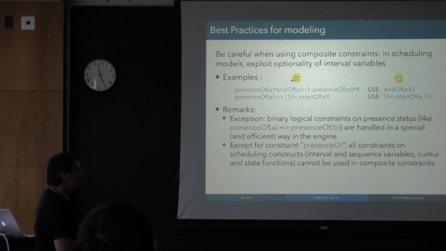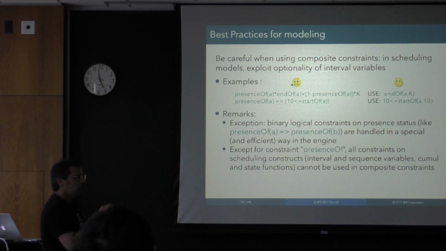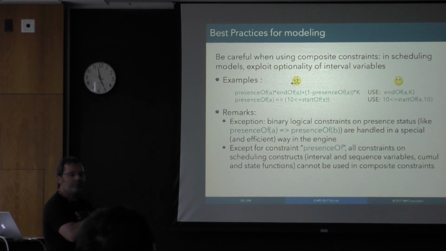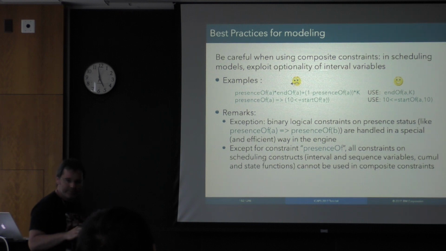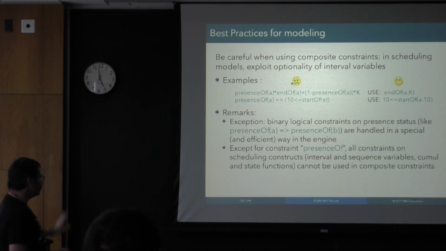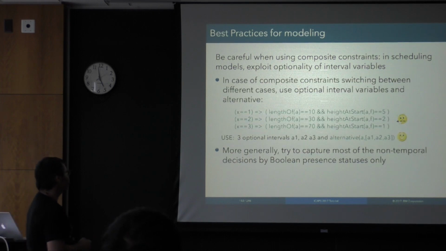You cannot write, I don't know, presence of X implies no overlap, and then something. It's on purpose, because we could have allowed this, but it means for sure that there is a better way to model it. So avoiding composite constraints, maybe this is the main advice.